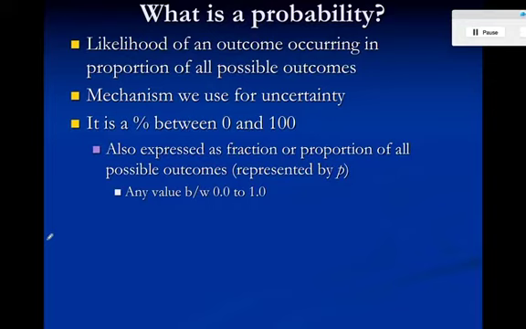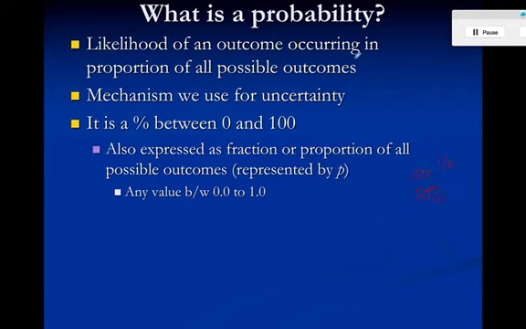So think of the following situation where we say the probability of our coin landing on heads is going to be 0.50, or what we would call 50%, right? So we have a proportion here, 1 divided by 2, which would be our fraction, which would be 0.5 or 50%, right?